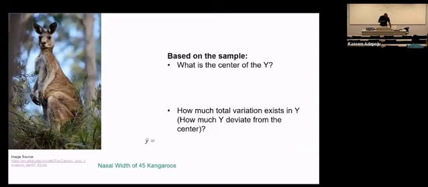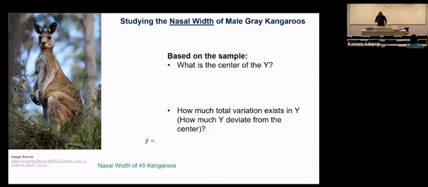Okay, so pay attention to what we're actually going to be doing. Today I want us to be practical. Take a look at this animal. It's called a kangaroo, right? There's a male kangaroo. Okay, we actually studied the nasal weight of male kangaroos. That very nasal weight, we're going to denote as Y. That's the dependent variable.